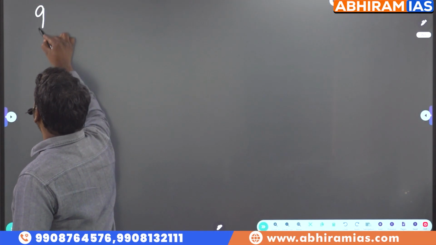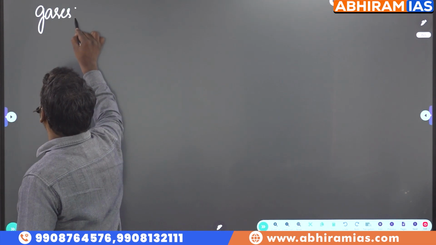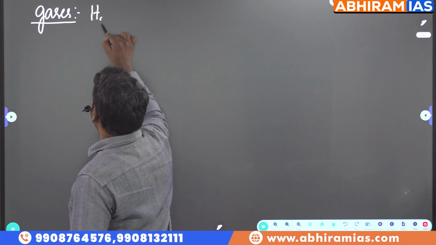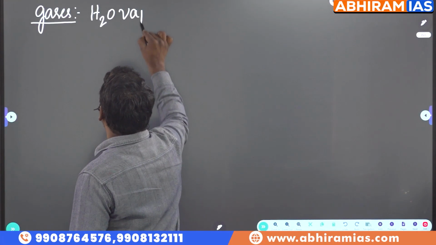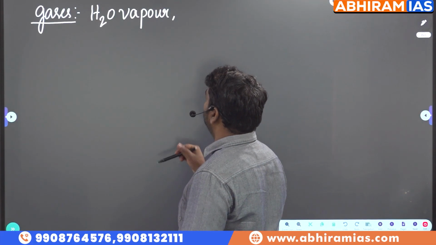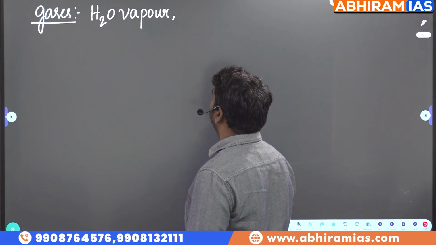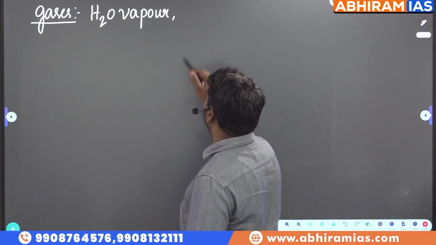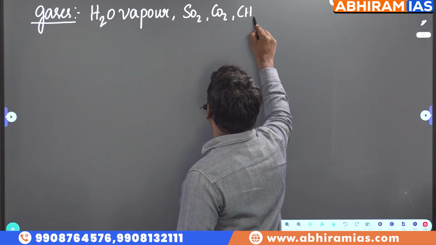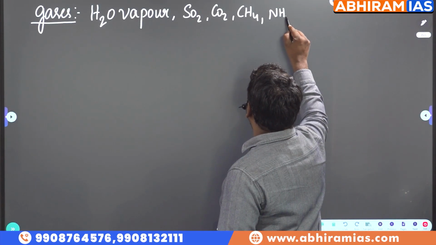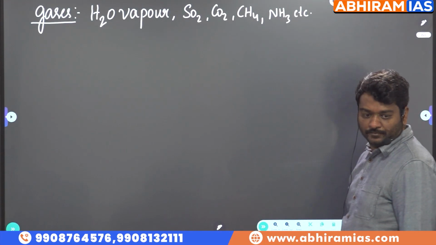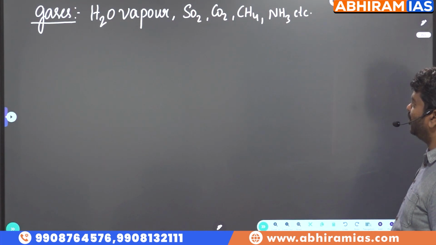Then, if we consider gases, the gases that normally come out are water vapor, sulfur dioxide, carbon dioxide, methane, ammonia, etc. These are all the gases which are normally ejected.